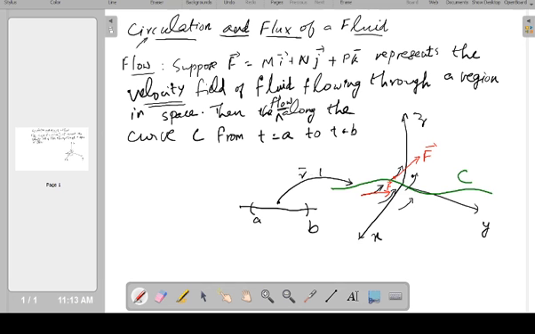So C is given by the parameterization r of t, where r of t is x of t i plus y of t j plus z of t k.